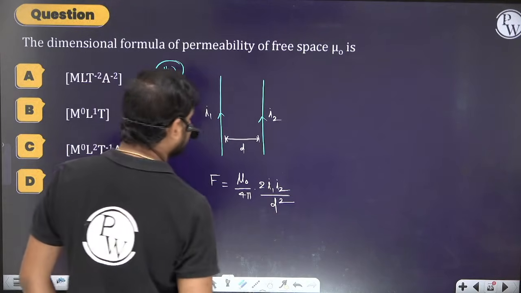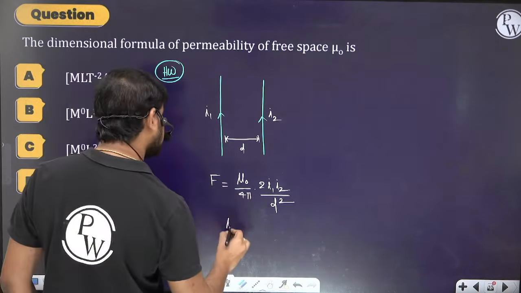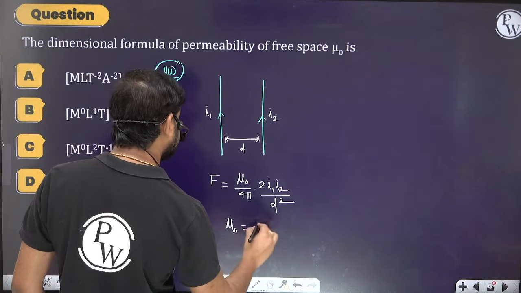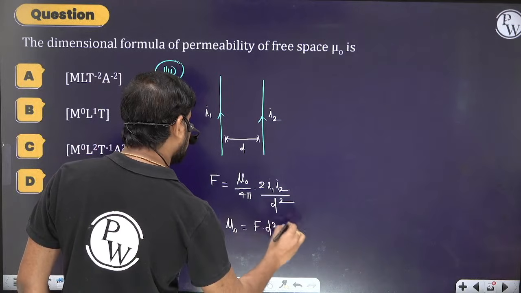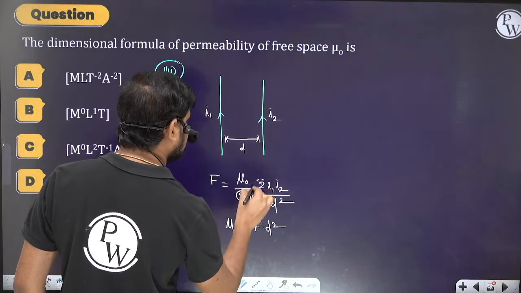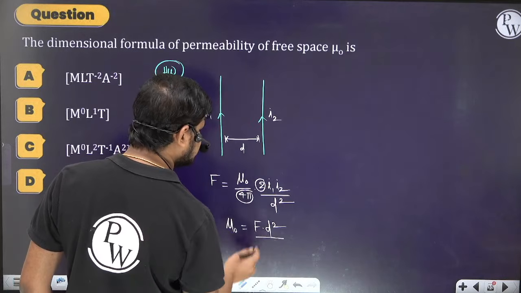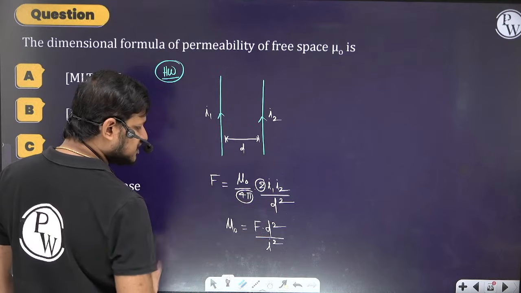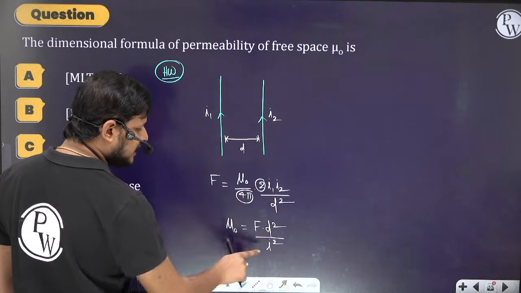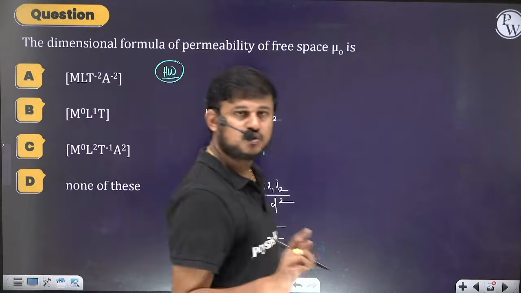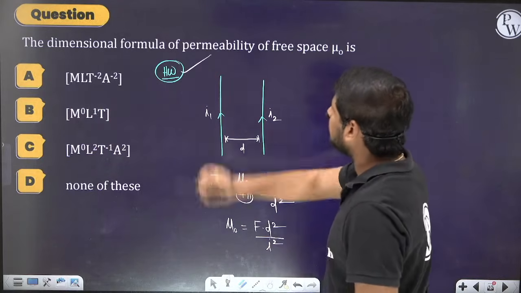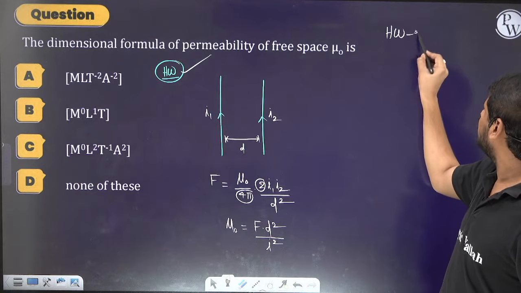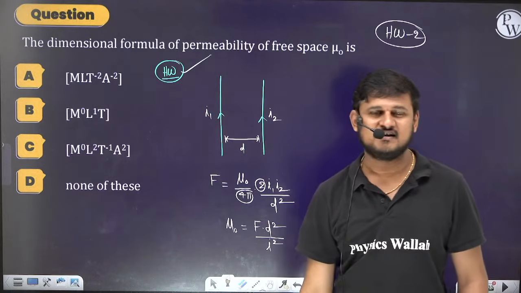From here, can you get the formula for mu naught? Mu naught equals F into D. However, 4 pi and 2 do not have any dimensions. Let's consider the currents as identical, then I square. Force units you know, distance units you know, current units you know. So just get the formula and put your option. Consider this as homework 2. Done? Clear?